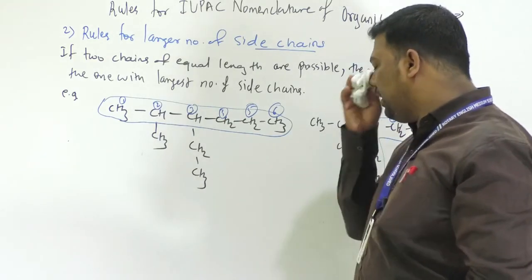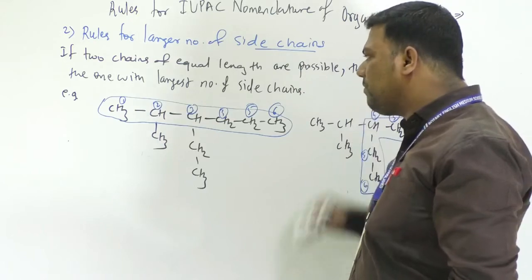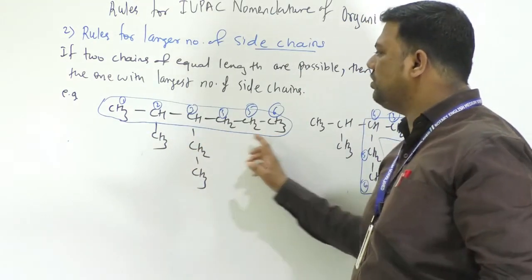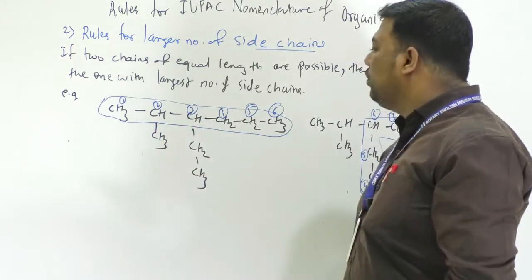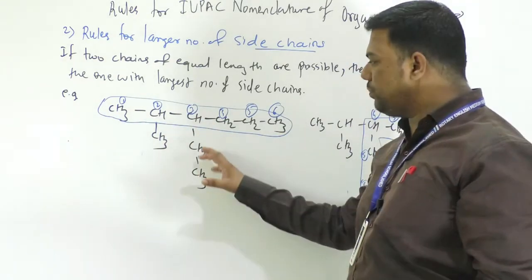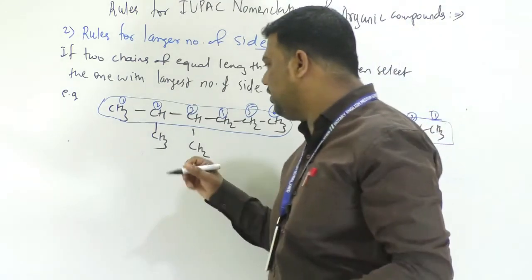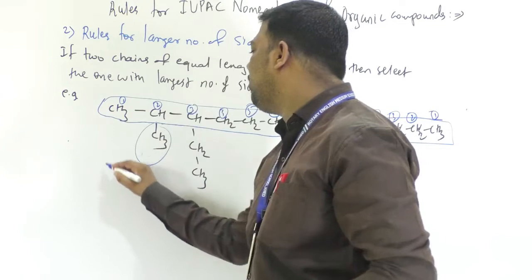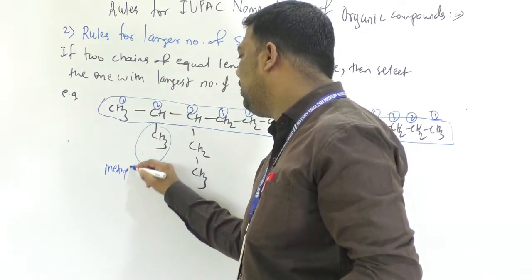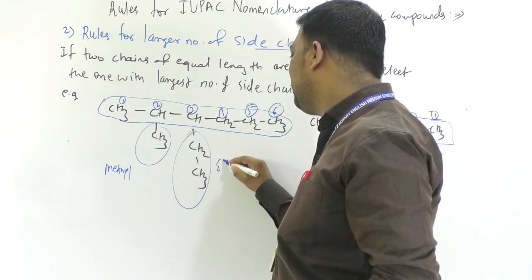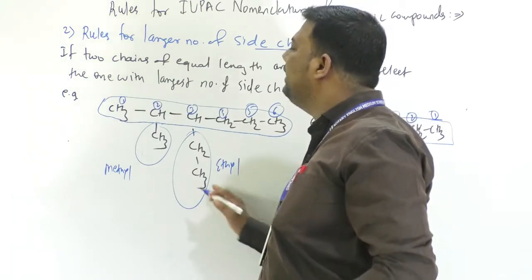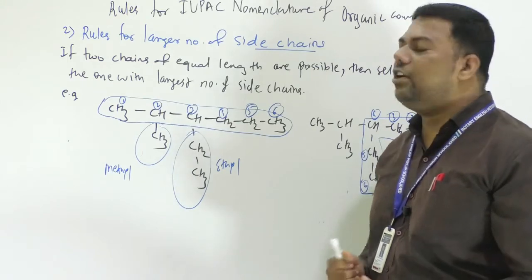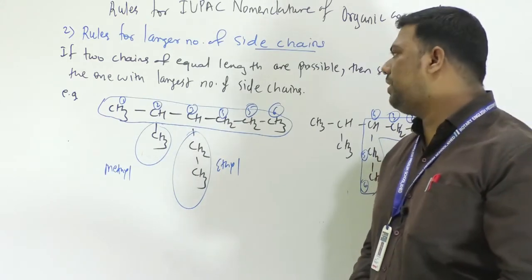It is easy. See here, 1, 2, 3, 4, 5, 6, a 6-carbon chain, and number the substituents. This we call methyl, and this we call ethyl. Then we have to give the names in alphabetical order.